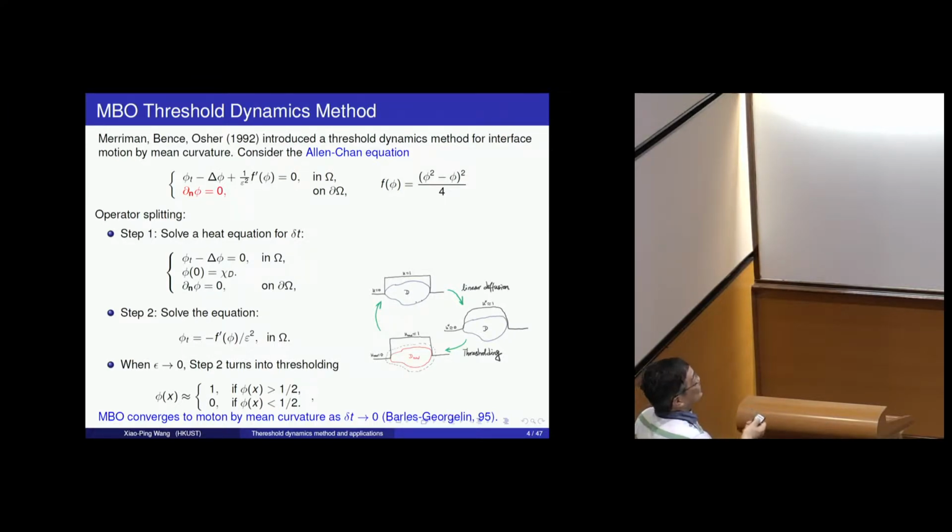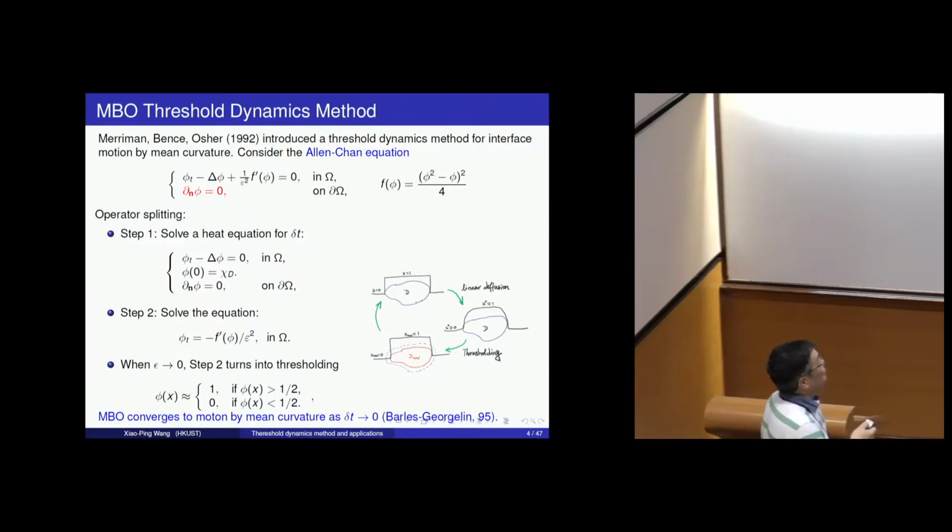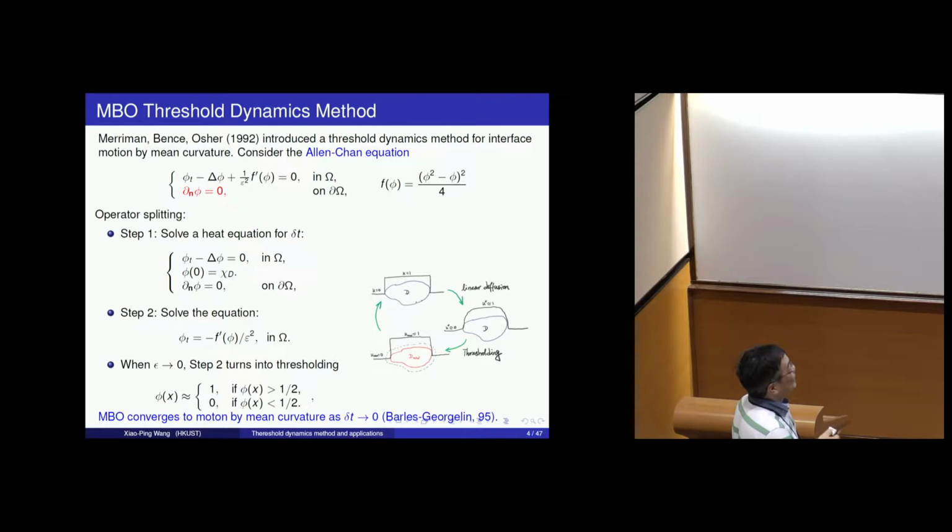So the idea of MBO threshold dynamics is that instead of solving this Allen-Cahn equation directly, you split it into two steps. In the first step, you solve a heat equation with the initial data being the characteristic function of domain D. You start with a domain D, and the characteristic function is 0 and 1: inside the domain it is 1, outside it is 0.